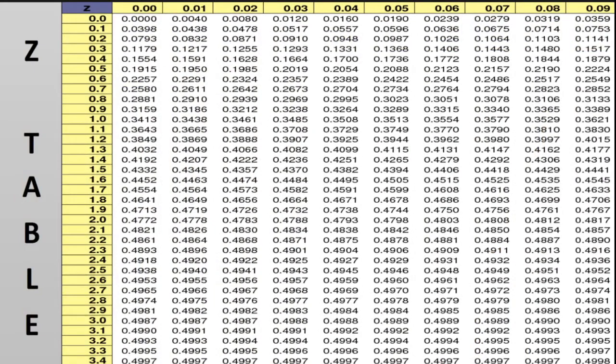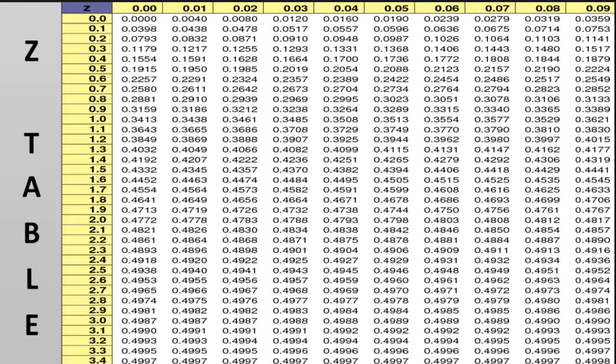This is the z-table. Entries in the z-table give the area under the curve between the mean and the z standard deviation above the mean. So, how will we find the area under the curve given a z-value?